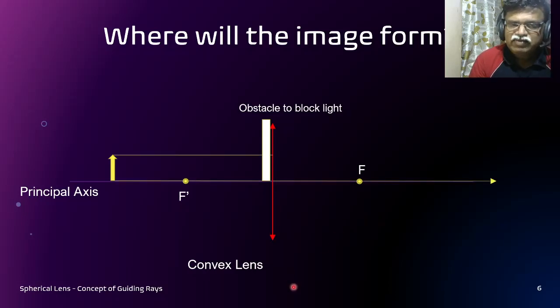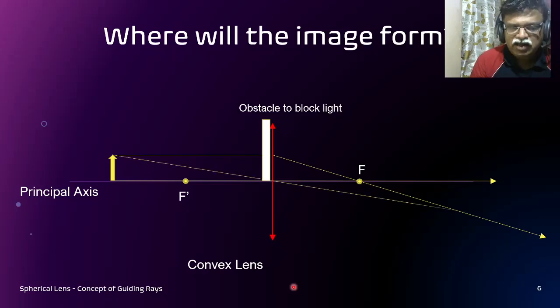So to decide where the image is going to form, you may still use the same old idea of guiding rays. A ray passing parallel to the principal axis, after passing through the lens, will go through the focus. A ray passing through the center of the lens will go undeviated. Wherever these two rays meet, the image will form.